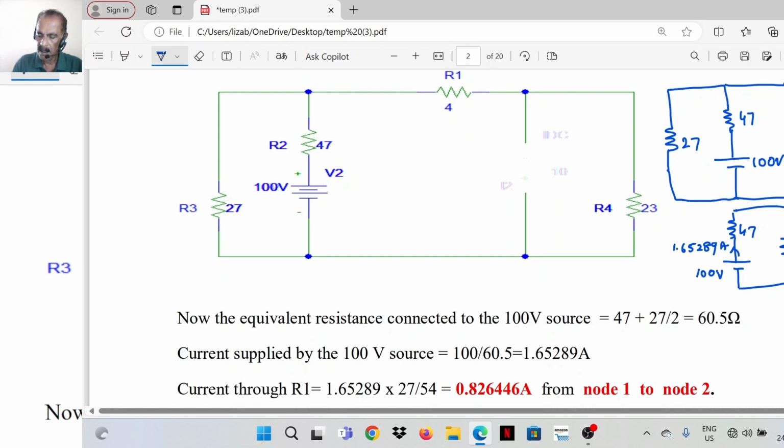We added that and wrote the total 27. I can split it also. This is 23 and one more resistor is to be connected here. That is 4 ohm.